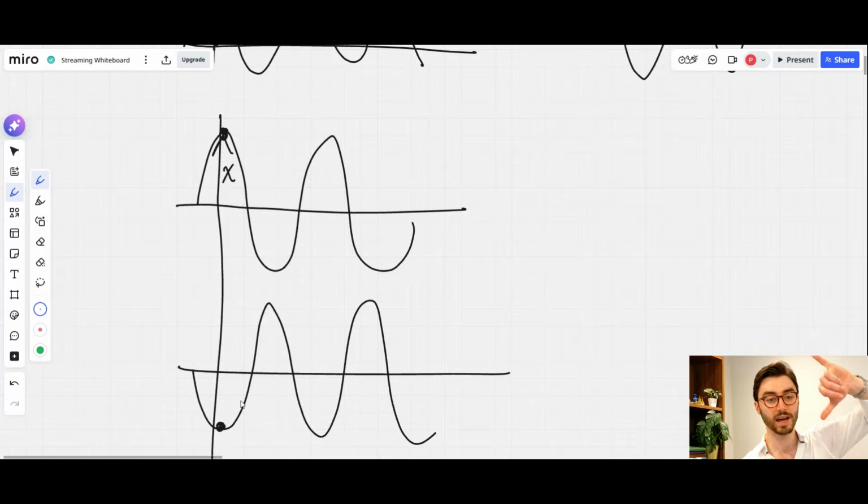So let's call that x up, and let's call this y down. The total amplitude there would be x minus y. So that's the idea behind superposition. You find out the individual displacements, you add them together, and that tells you the displacement after they combine.